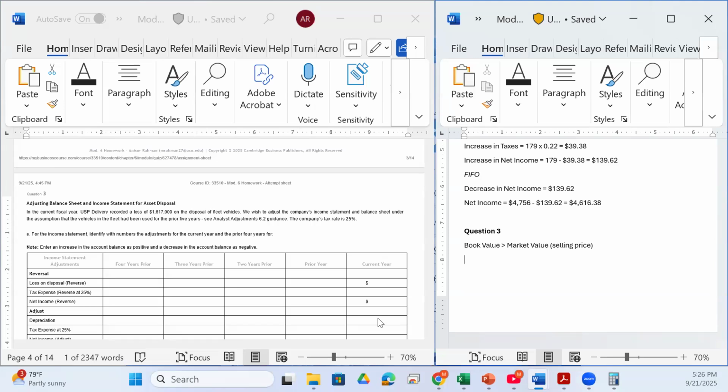Because if you record this entire loss of 1.617 million only in the current year, you will see a significant drop in the current year net income, right?